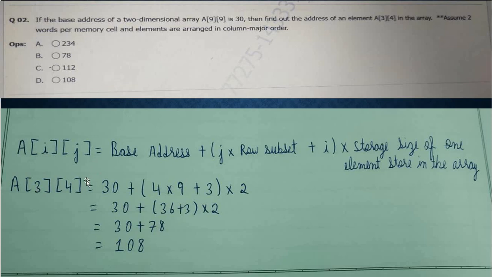So A of 3, 4 is base address, which is 30 here, j is 4, the row subset is 9 and i is 3, and the storage size is given as 2 words per memory. So it is 30 plus 78, which is 108. For this, the answer is option D.